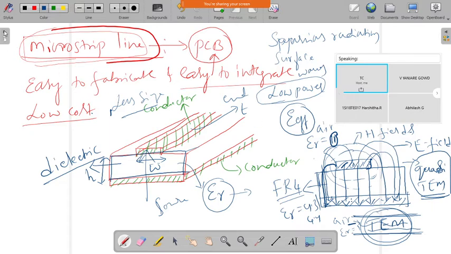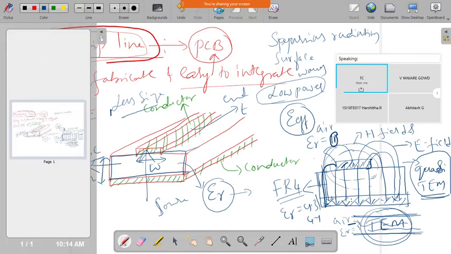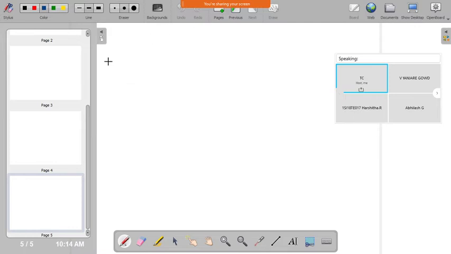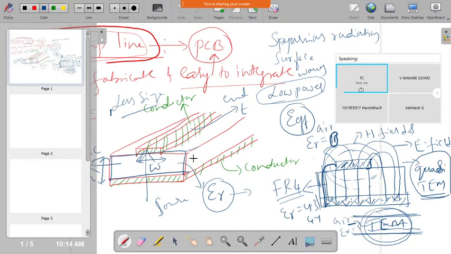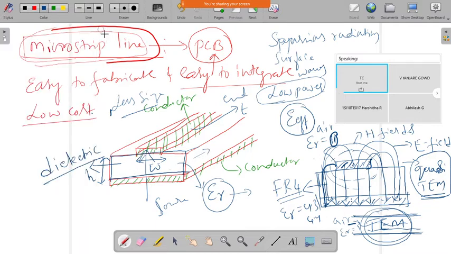Now, what are the dielectrics we have? We have different types of dielectrics that are practically available. For fabrication, we first have to look at the availability of dielectric materials, and according to that decide which dielectric is useful for a particular application.